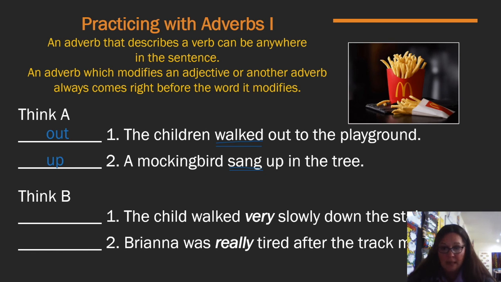It modifies slowly, very slowly. So very is the supersized word, and it's modifying the adverb slowly. Let's look at number 2. Brianna was really tired after the track meet. And in this case, really is supersized. It is modifying how she was feeling, tired.